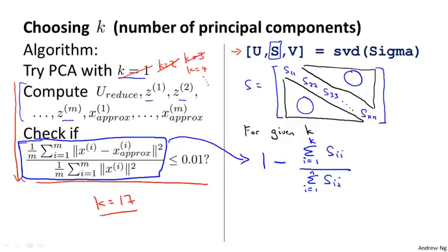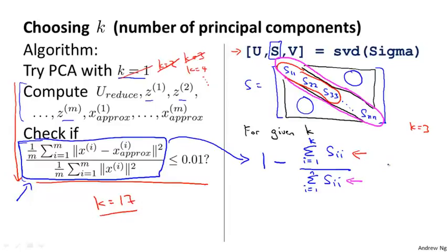To say that in words, if k equals 3, to compute the numerator we sum from i equals 1 through 3 of Sii, so we just compute the sum of these first 3 elements. For the denominator, that's the sum of all of these diagonal entries. And 1 minus the ratio gives me this quantity that I've circled in blue.